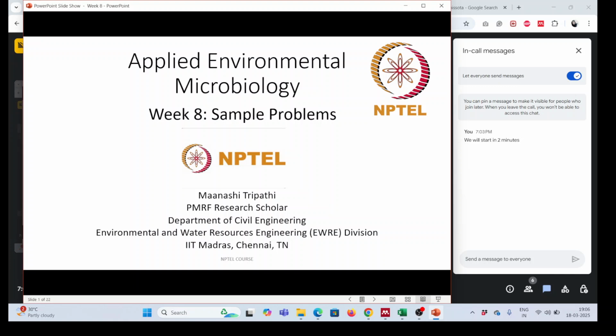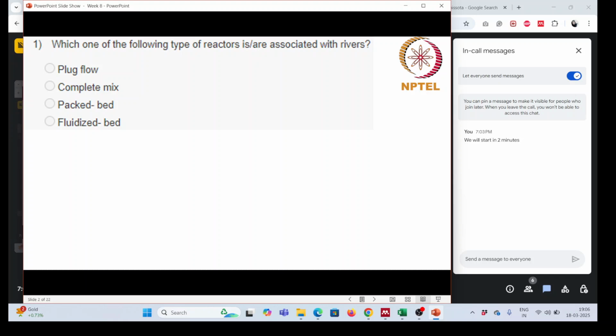So we'll start with the first question. Which of the following types of reactors are associated with rivers? What kind of reactors are associated with rivers? You can give the answer in the chat box.